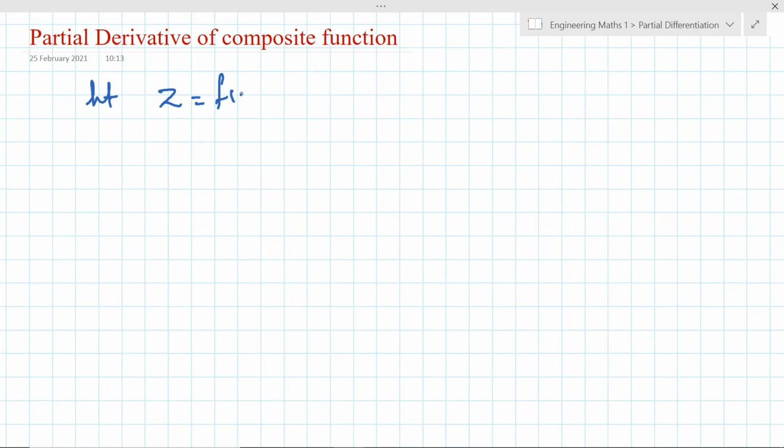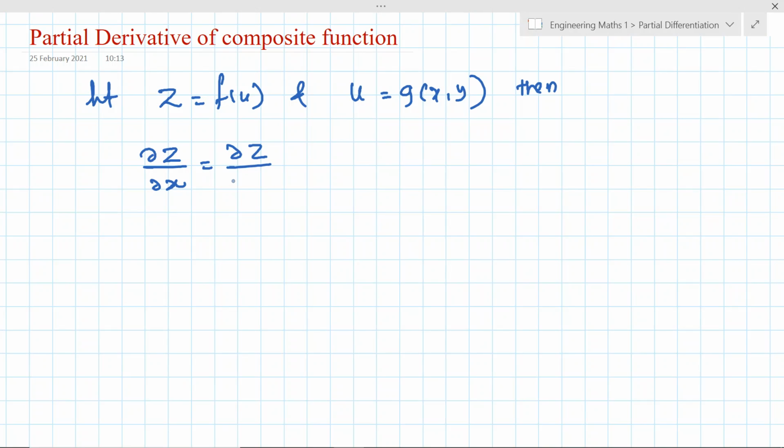Then what do I get? ∂z/∂x is nothing but, you know the chain rule for the composite function, ∂z/∂u into ∂u/∂x. Am I right?